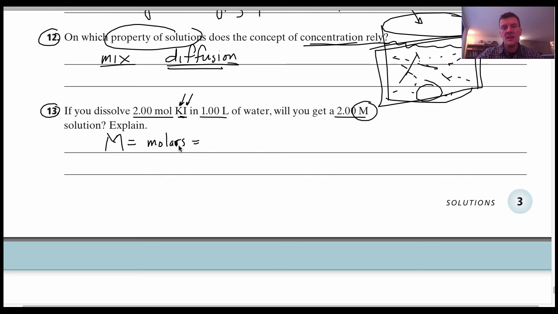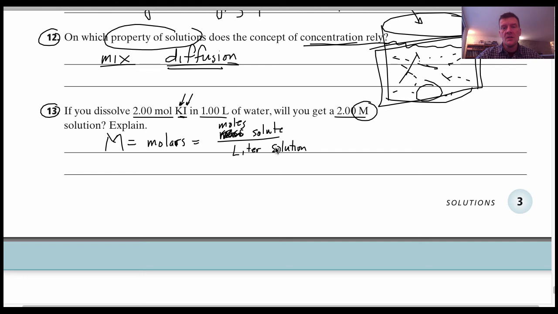Excuse me. And to find molarity, you take the moles of the solute, I apologize, the moles of the solute, and divide it by liters of the solution.